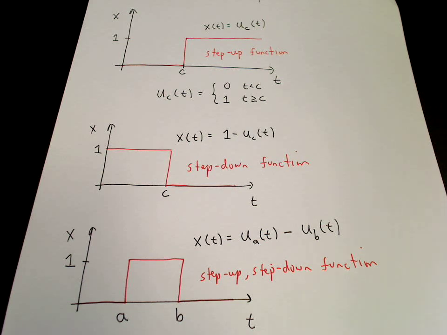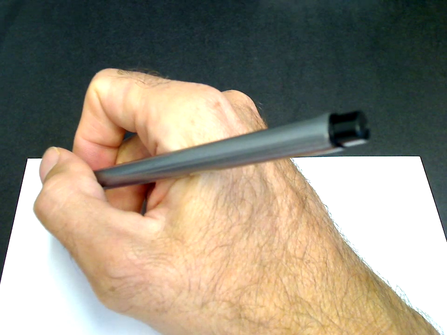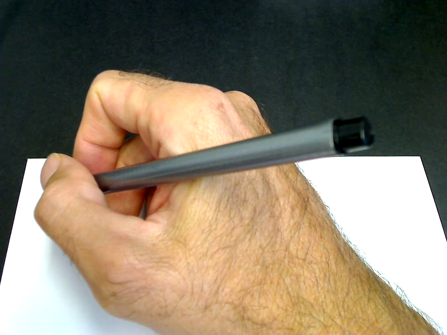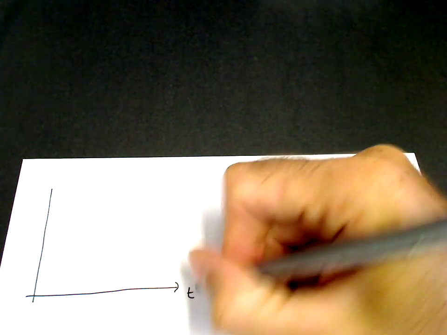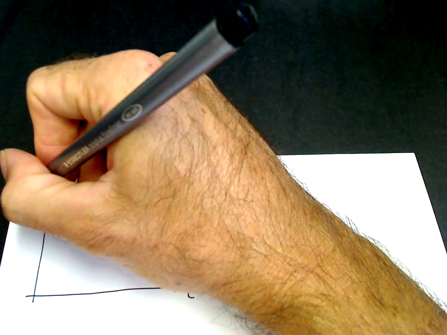Okay, so let's see what else we can do with these step functions. An interesting thing to do is represent a translation of a function. So we can have some function defined from t equals 0.